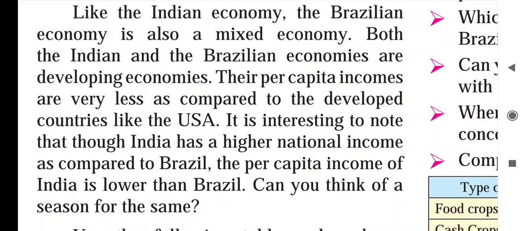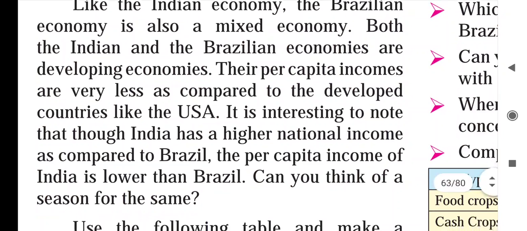India's national income is high but per capita income is less, and Brazil's national income is less but per capita income is high. How is it? Our national income is high but our population is also more. Due to the increasing population, the government has to take care of all the people. They have to spend money on various activities, so that's why our per capita income is less.